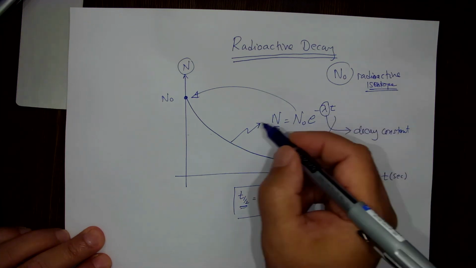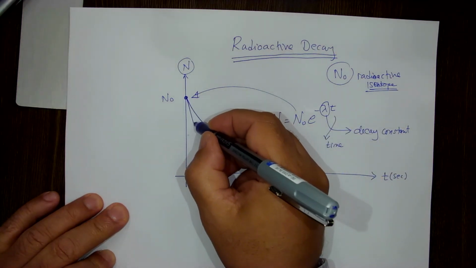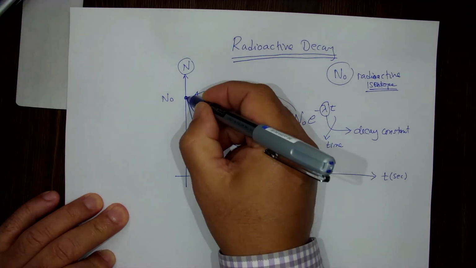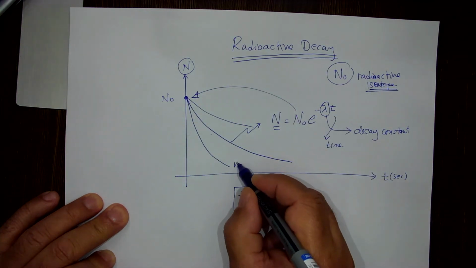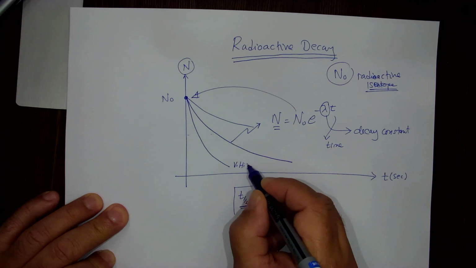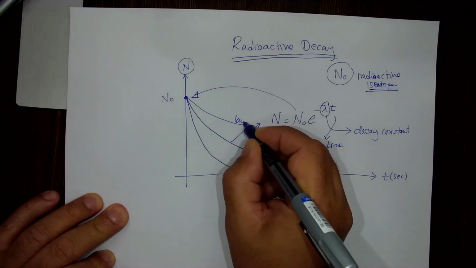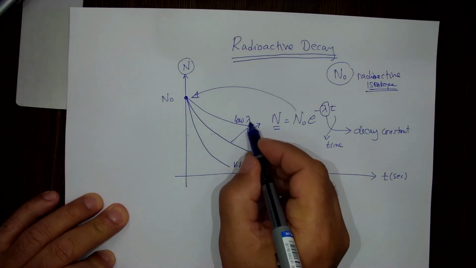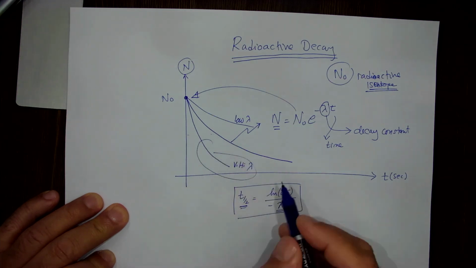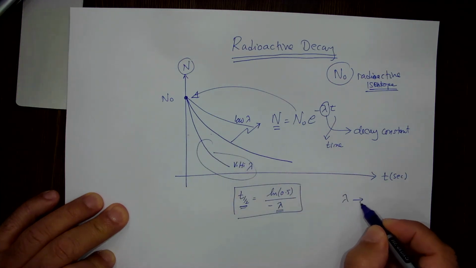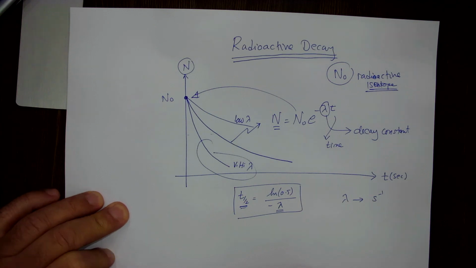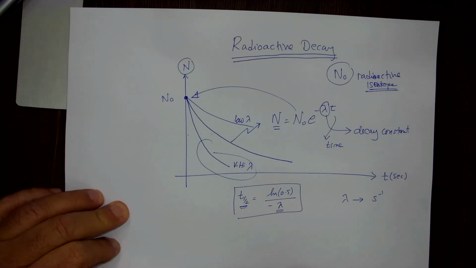And remember what the decay constant is. The decay constant is simply an indication of how fast the decay is. So this is a very high lambda. This is a low lambda. So this decay is very slow, and this decay is very fast. Okay, that's what lambda is. And lambda is measured in 1 over time, or 1 over second, or second to the minus 1.